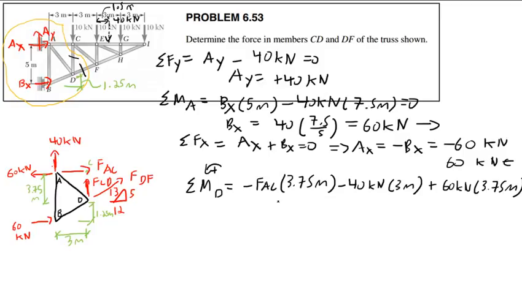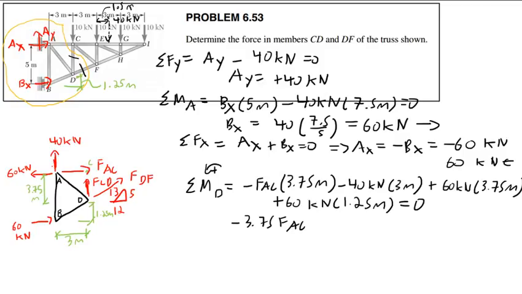And then plus 60 kilonewtons, again positive and positive, times 1.25 meters. And all of this equals 0 because this is statics class. So negative 3.75 FAC. You know what? I'm just going to throw all this mess in my calculator.